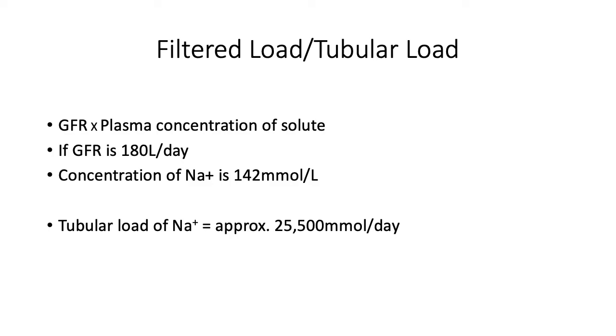You will be surprised to know that it is 1.5 kg of table salt. Isn't it very surprising? The tubular load of sodium at the beginning of the proximal convoluted tubule is 1.5 kg of table salt.